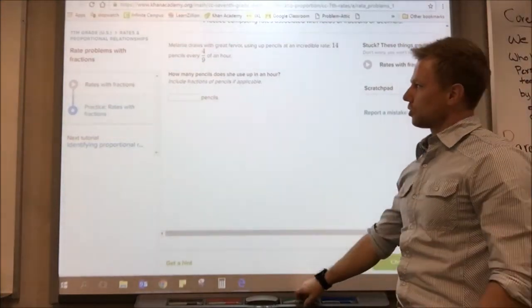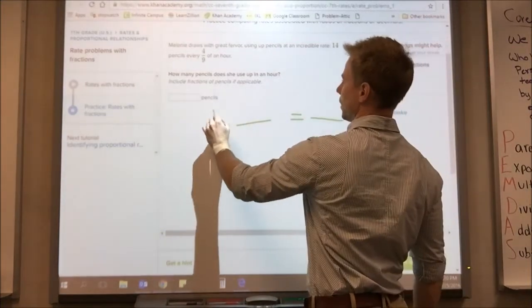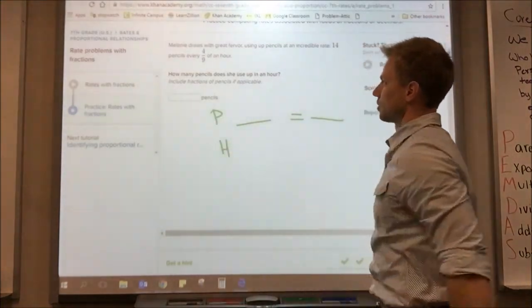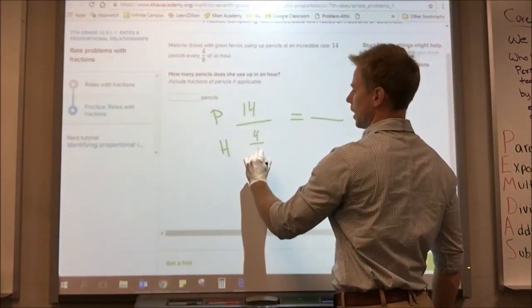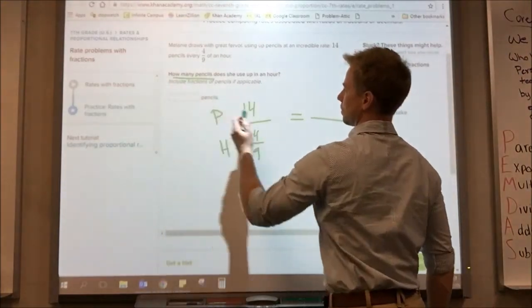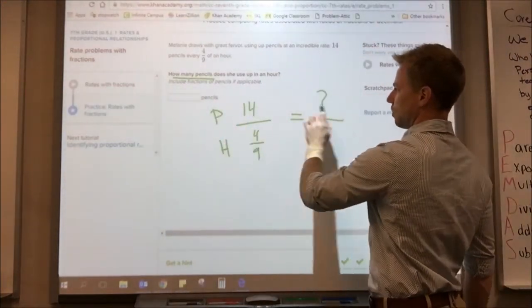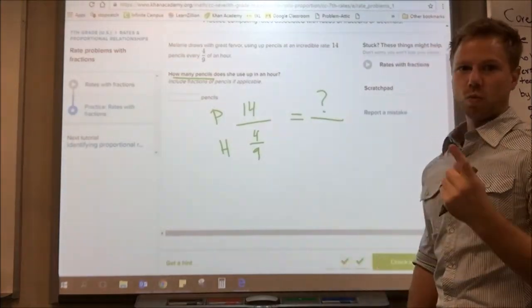All right, we're gonna write a proportion again, and our labels are going to be pencils and hours. So 14 pencils every 4/9 of an hour, how many pencils, so question mark in the top where the pencils are, does she use up in an hour? That'd be in 1 hour.